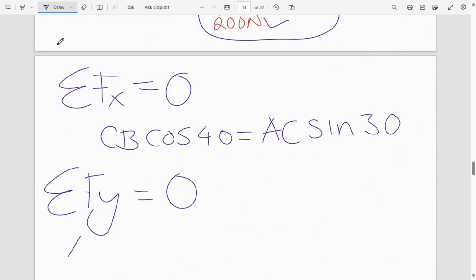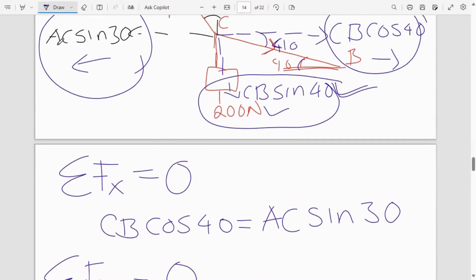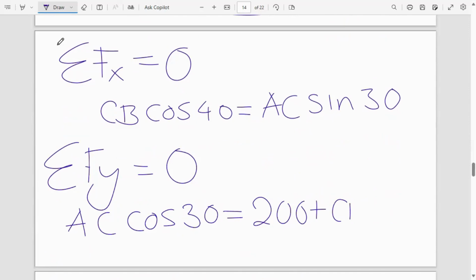So AC cos 30 will be equal to 200 Newton plus CB sin 40. You can see in both of our equations in the x and y axis, what we are missing is AC and CB.